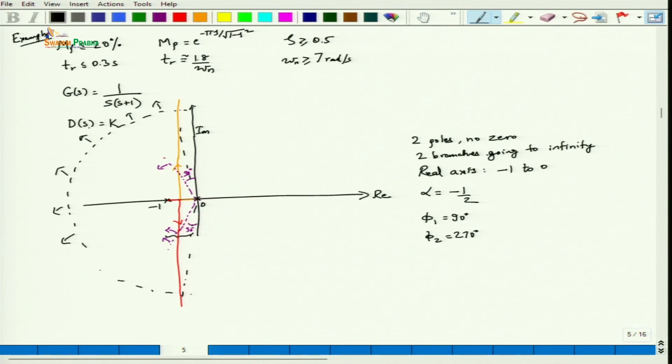So just assuming D(s) is equal to K, a constant gain, will not meet our specifications. So proportional gain does not satisfy specifications.